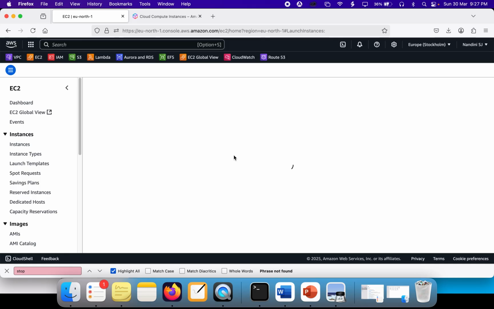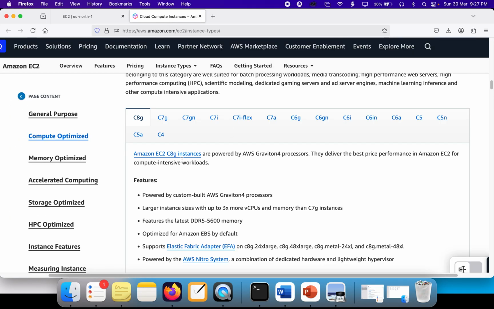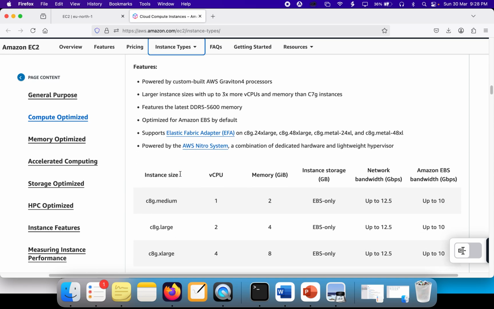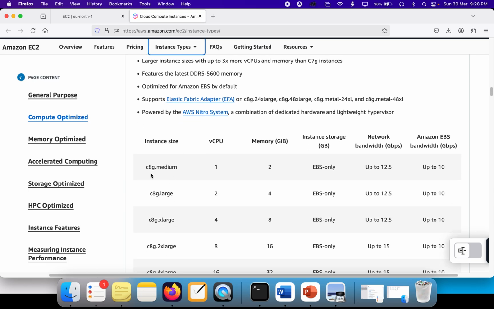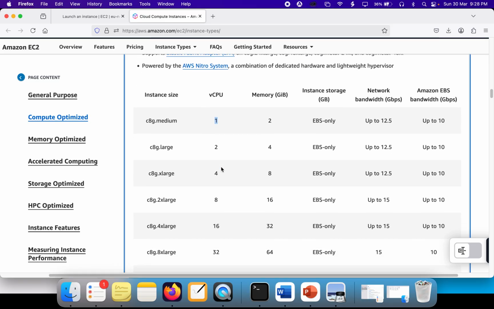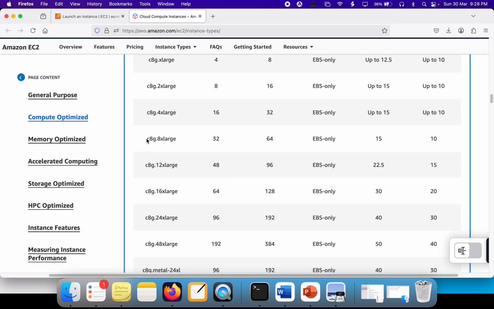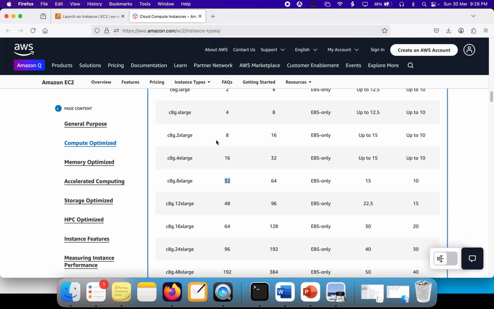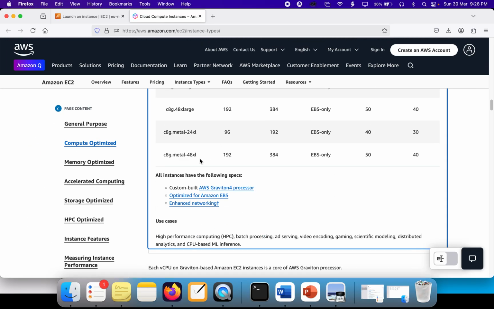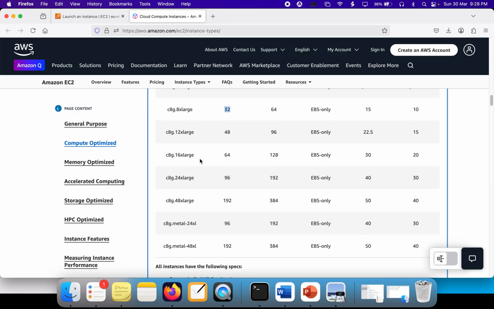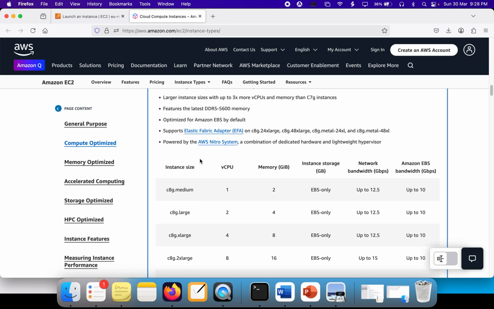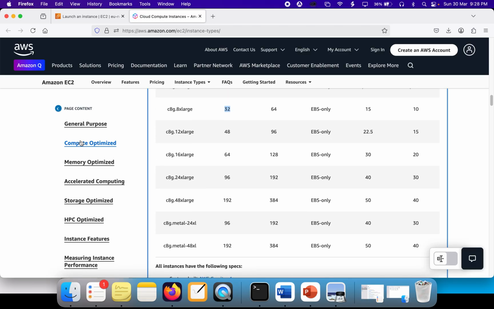Now if you go for launch instances, you can see there is compute optimized, and you can have a higher compute range. Here you can see C8g has one CPU. Similarly, C8 can have 32 CPUs, and if you're running something more CPU intensive, then you can use compute optimized.